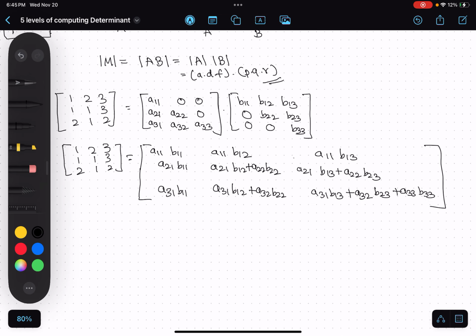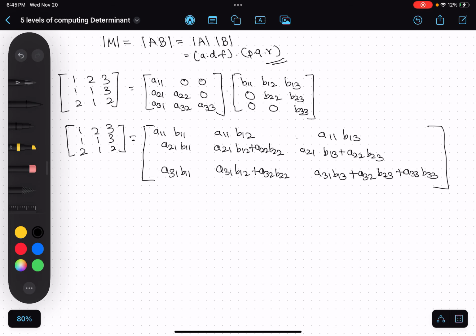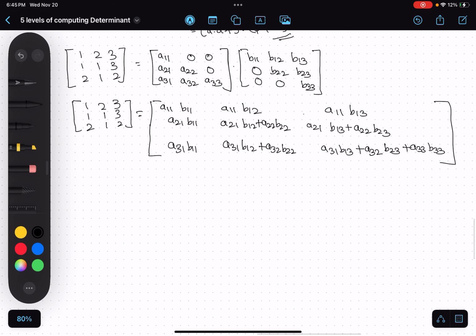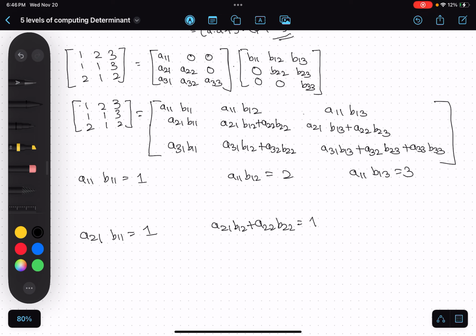Now what we will do is compare the corresponding elements in the two matrices. A11 B11 corresponds to the first element, 1. A11 B12 is the second element, 2. A11 B13 is the third element, 3. A21 B11 is 1. A21 B12 plus A22 B22 is 1.